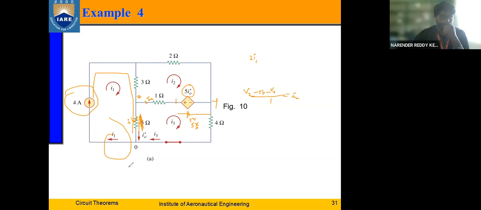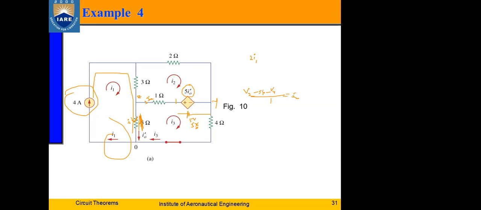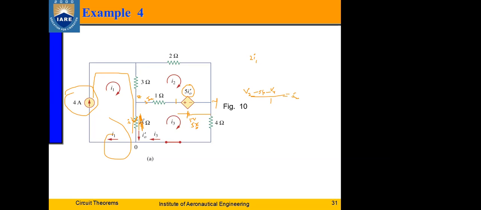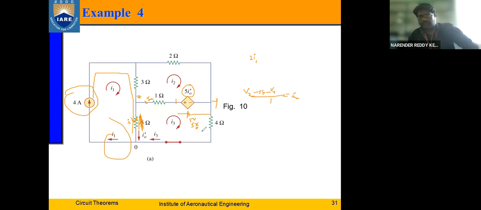Yes, sir. So it should be the same in mesh analysis as well. Yes, sir. Yeah, you got this value? Which one, sir? Sir, I didn't get you, sir. I was not listening. Yeah, what is the current you got here? Sir, I am not able to calculate. 1 minute.